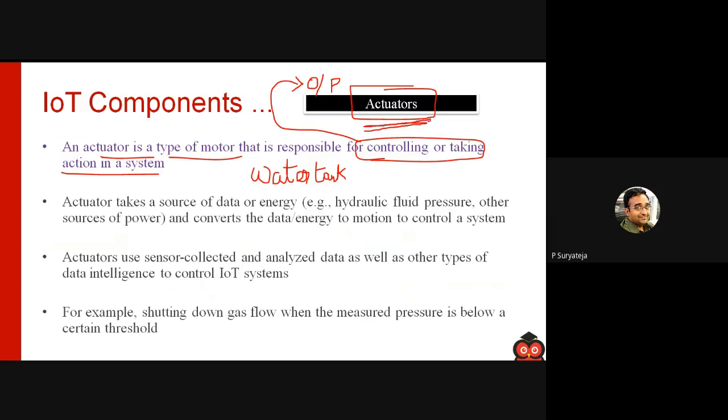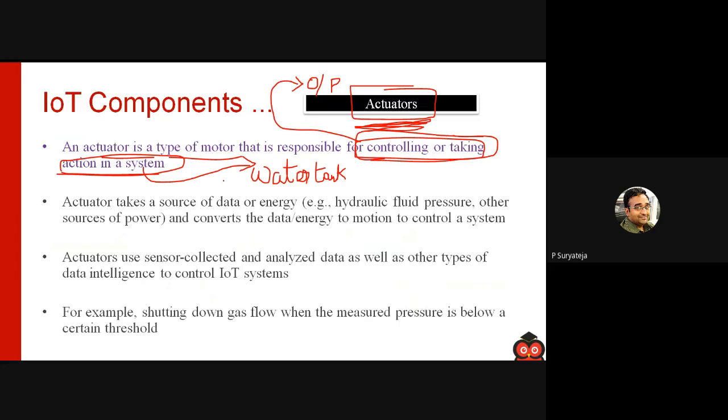There will be another component called an actuator. Let's say there is some kind of switch or lever. This actuator will receive the signal from the gateway and turn off the lever or switch. That is the controlling part, or taking action on the system. Here the system we are talking about is the water tank.